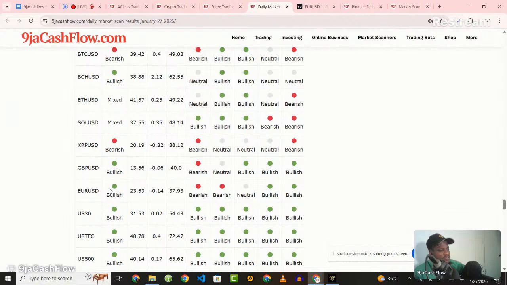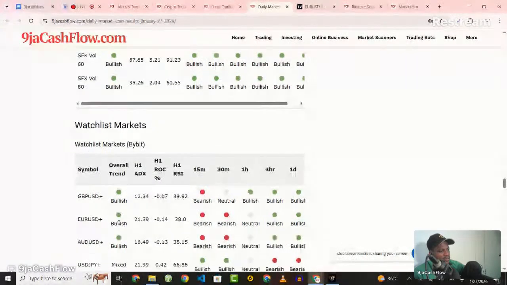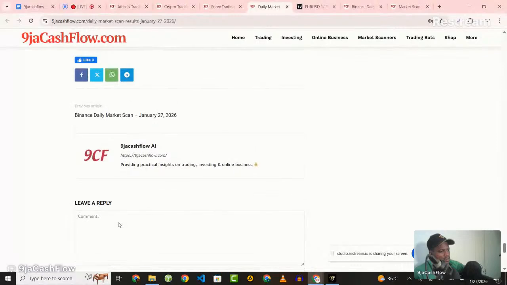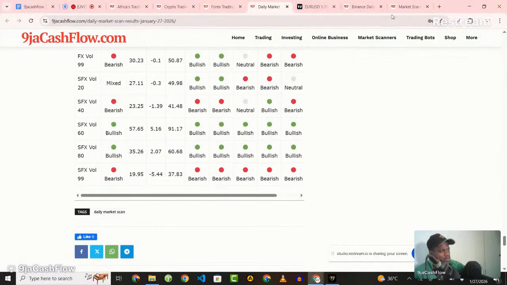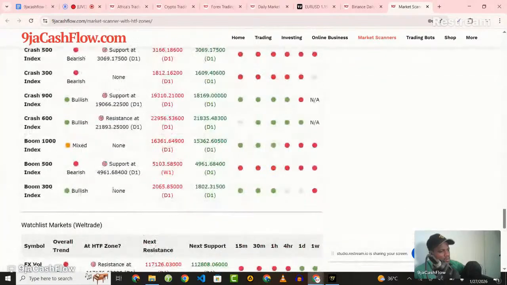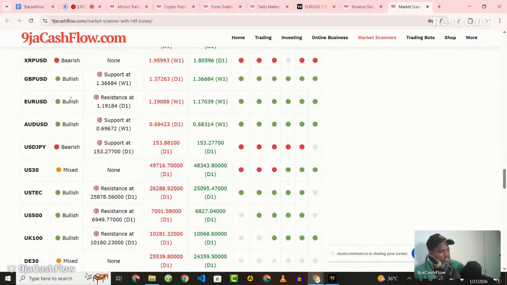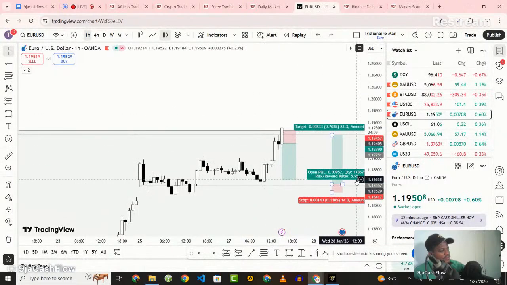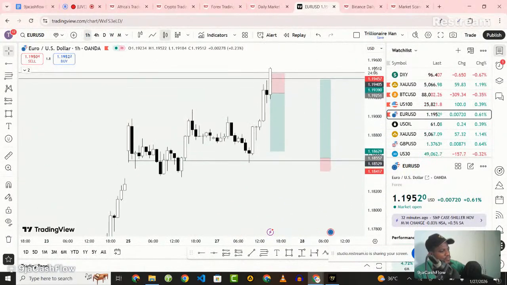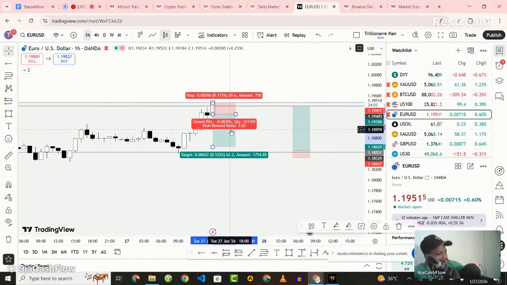This is euro here, very bullish. Let's leave euro alone.